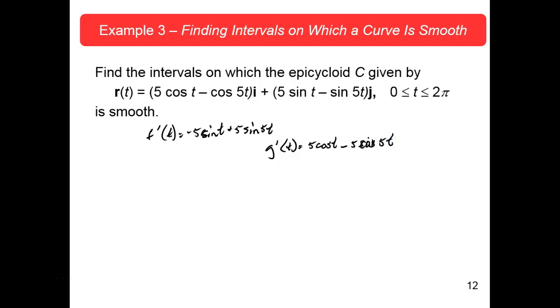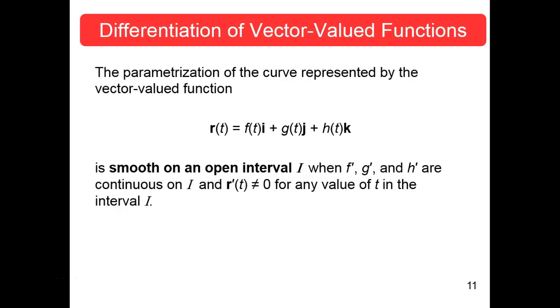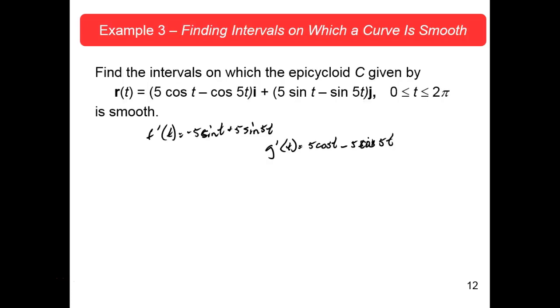Now, what's required? That these be continuous. Sines and cosines are continuous everywhere. Okay, remember what the requirement is? f prime, g prime, we don't have an h, are continuous. They're continuous everywhere. Sines are continuous everywhere, cosines continuous everywhere. No problem there, okay?